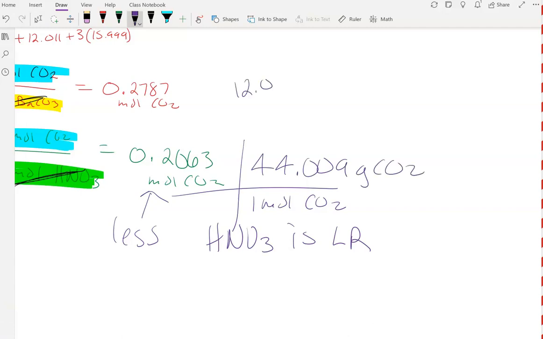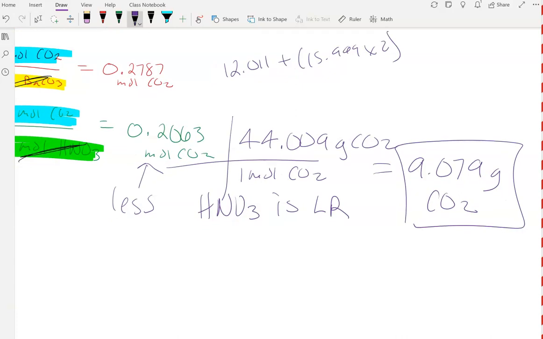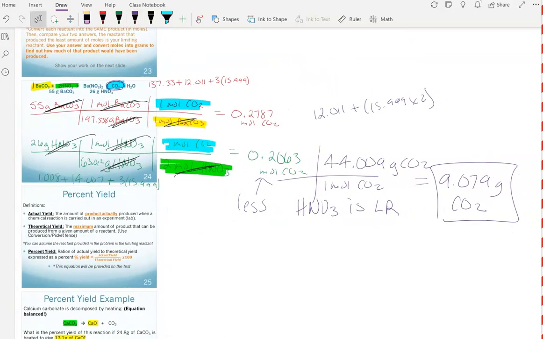And again, that's 12.011 plus 15.999 times 2. And again, 1 mole on the bottom here because that's equal to molar mass, which is above it. And then I would just multiply 0.2063 times 44.009, 9.079 grams of CO2 would be my final answer.